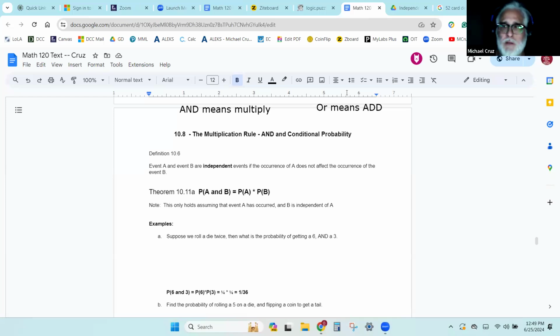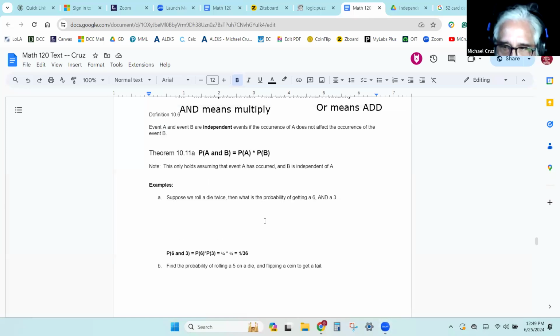Okay, so that means, say we roll a die twice, just a single one. What's the probability of getting a 6 and a 3? Well, to just show you formulaically, I've already got it down there.